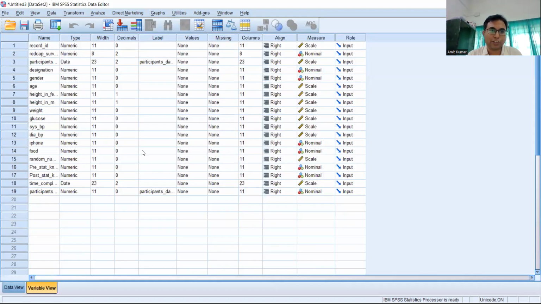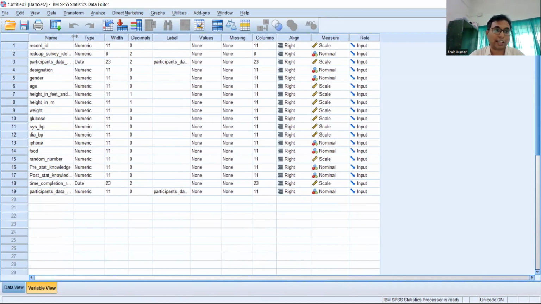In the variable view, you have to give the values, what code was used for which category. Like the designation: I have collected the data in codes 1, 2, 3, 4, 5. We have to tell SPSS what the meaning of code 1 is, what the meaning of code 2 is, what the meaning of code 3 is.